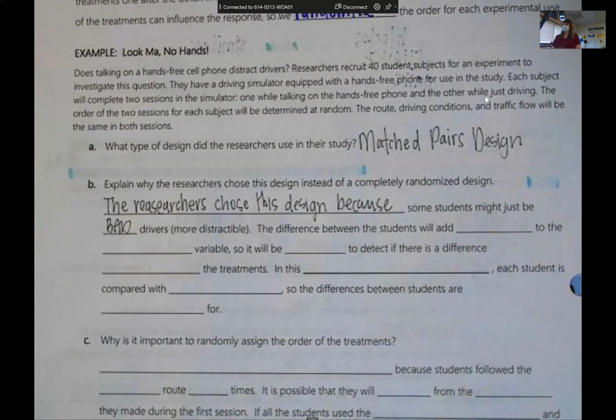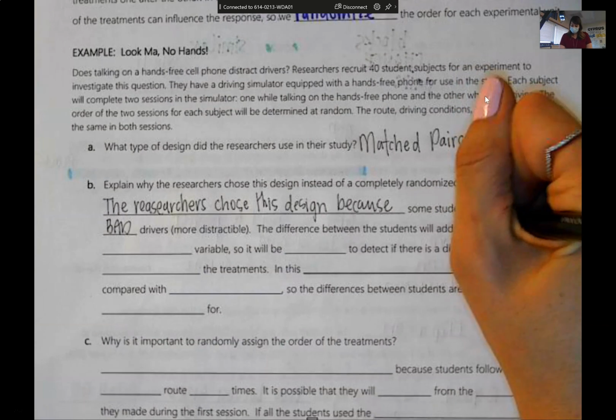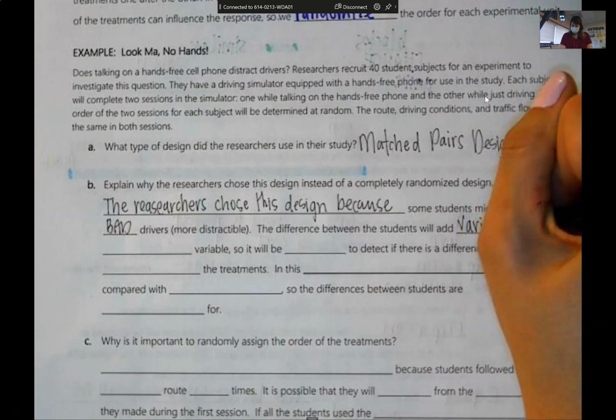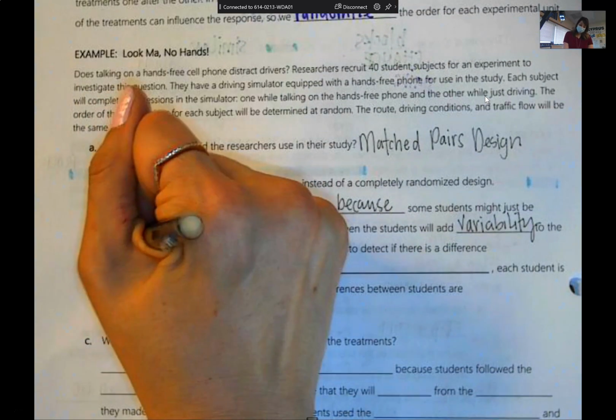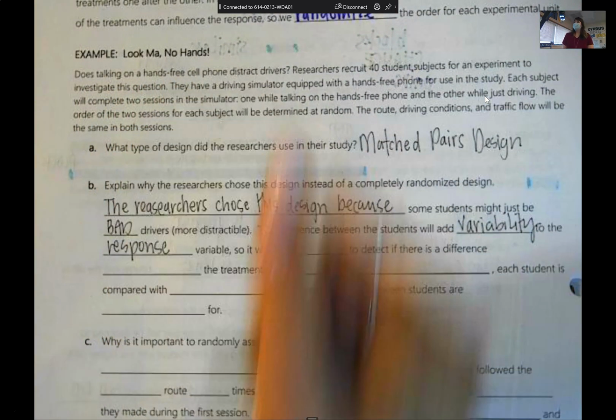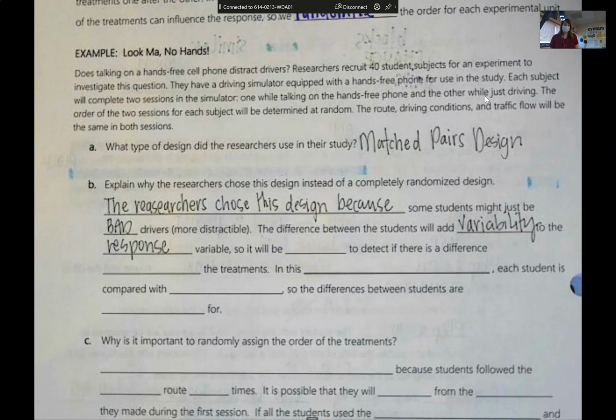The difference between the students, between their driving ability, will add variability to the response variable. That is the fancy way of saying the students' ability to drive, how good they are at driving, will affect their score on the simulation.